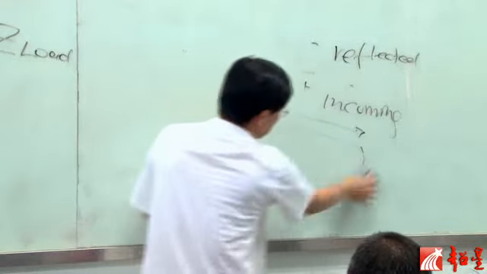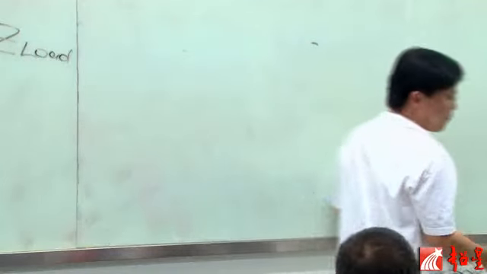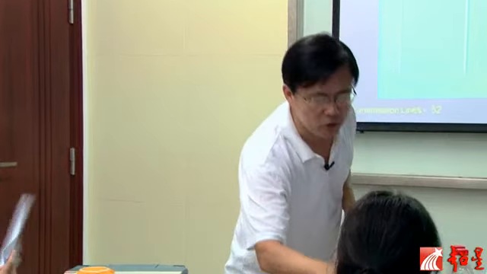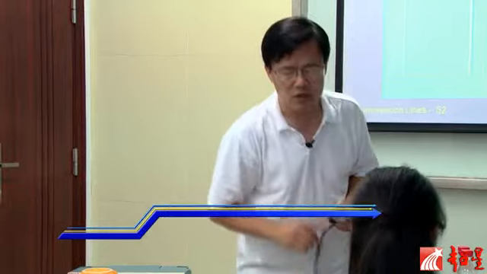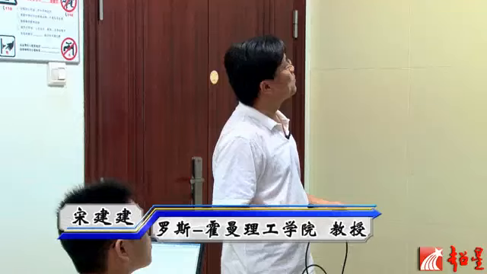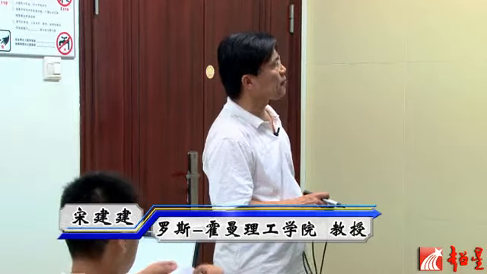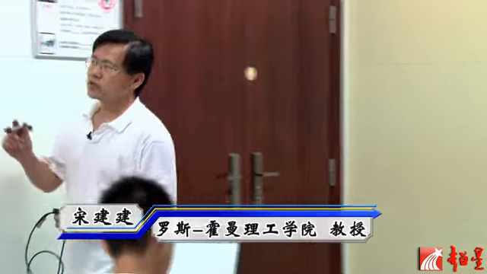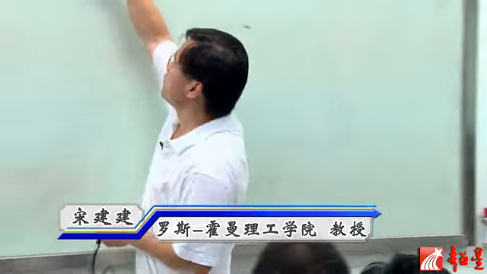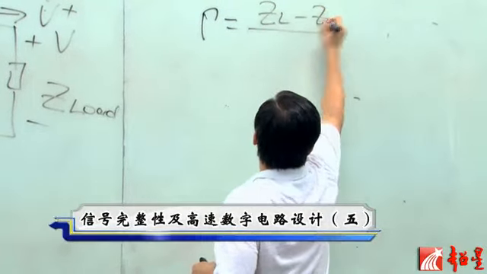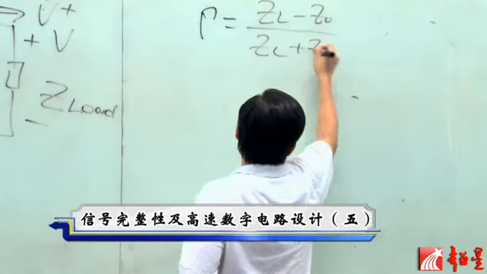By the way, you should have a worksheet for this problem, and I think I gave you a worksheet. I call this example 0. Yes, this is example 0. So the first thing we need to do is to find the reflection coefficient, which is equal to Z load minus Z line divided by Z load plus Z line.